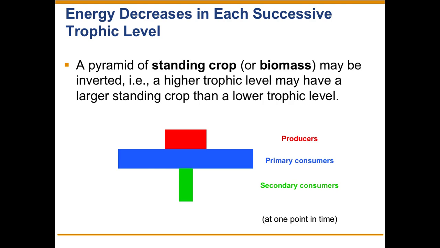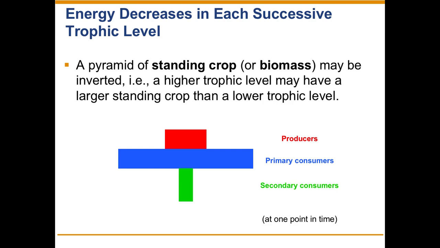Overall, but if you look at that over a shorter time window, you won't necessarily see the same thing. Longer term, you see this nice pyramid. In the shorter term, that can be almost reversed.